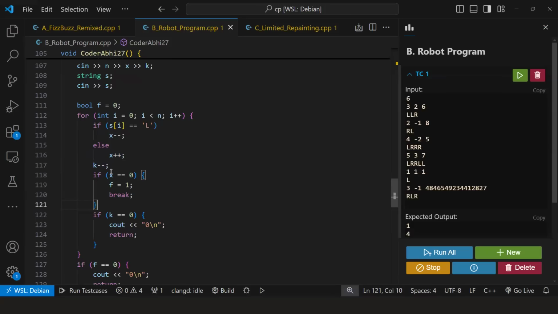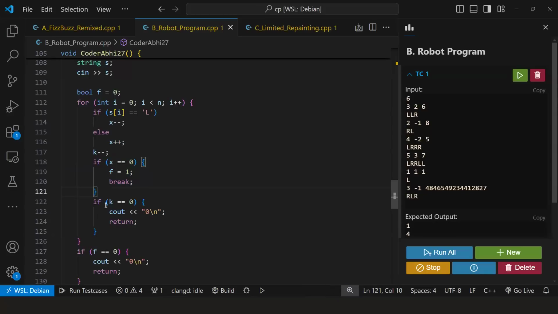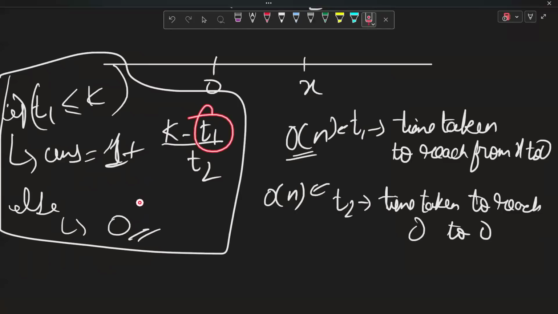And if the x becomes 0, I took a Boolean variable to track whether I reached 0 or not. It may happen that after n instructions, I come out of the loop and I haven't reached 0. To handle that case, I assign the Boolean variable 0. If I encounter a 0, I make that Boolean variable 1 and break out of the loop. And if during the process I see that k becomes equal to 0, that just means this t1 was greater than k.